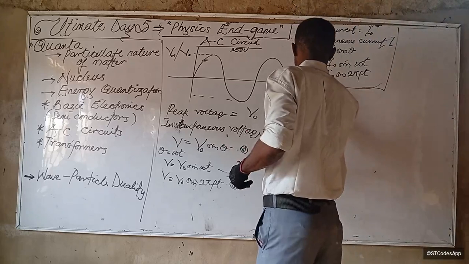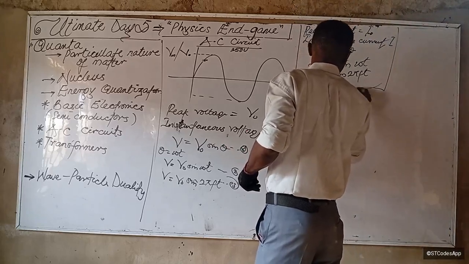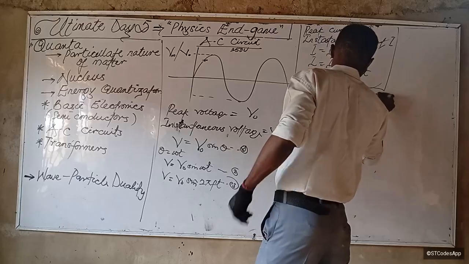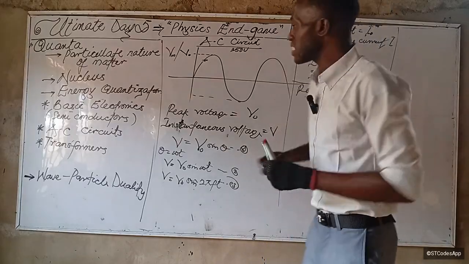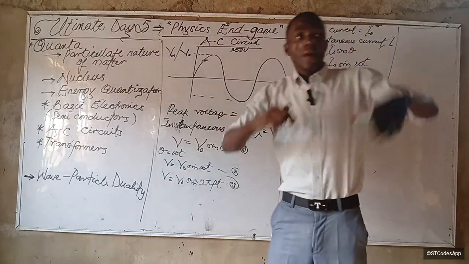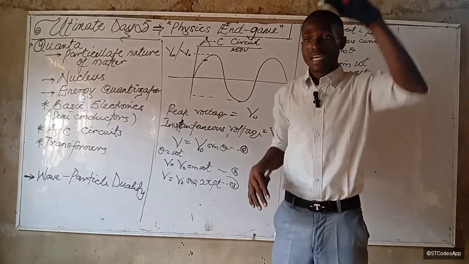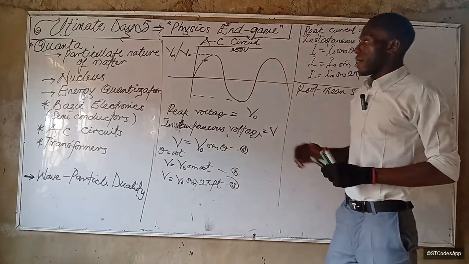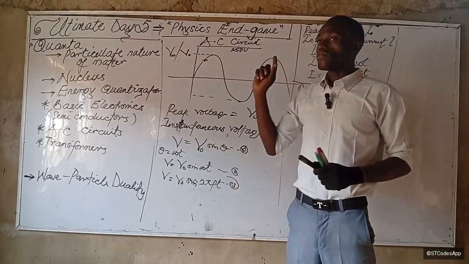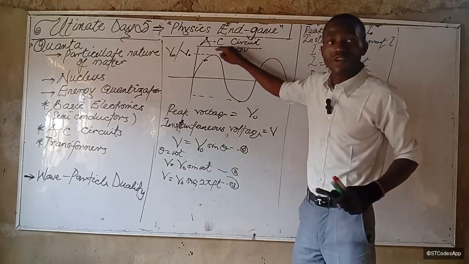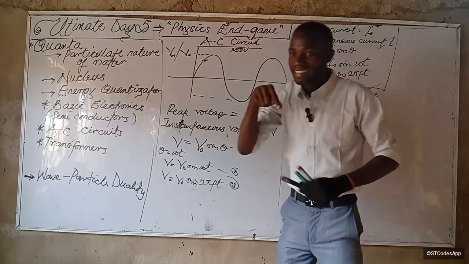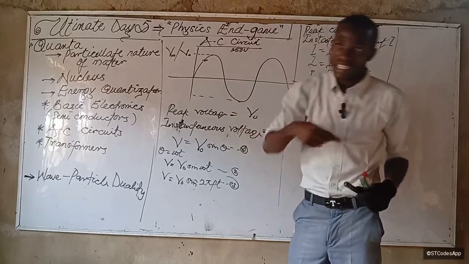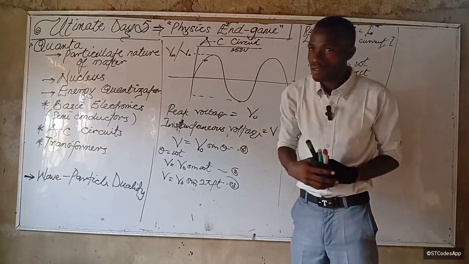Now, this is it. Since this guy is oscillating between maximum and minimum values, it is not the maximum value of the voltage that is effective in that circuit.